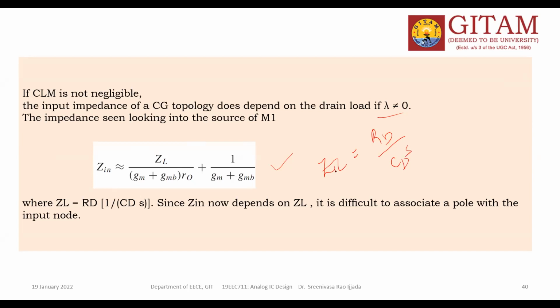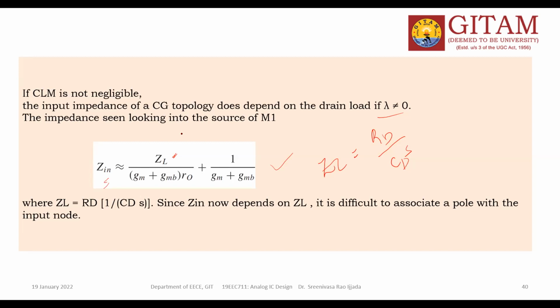Since Zin now depends on ZL, your input impedance depends on the output load impedance. It is difficult to associate a pole with the input node. Whenever this dependency is there, we cannot directly calculate the input pole.